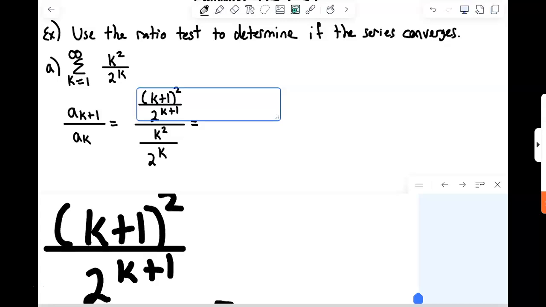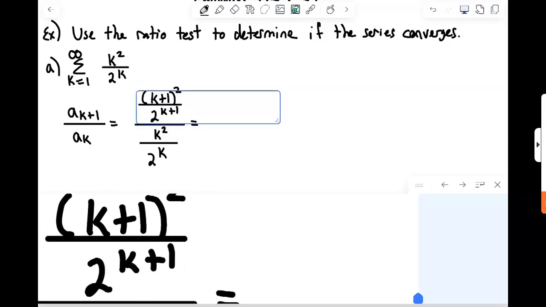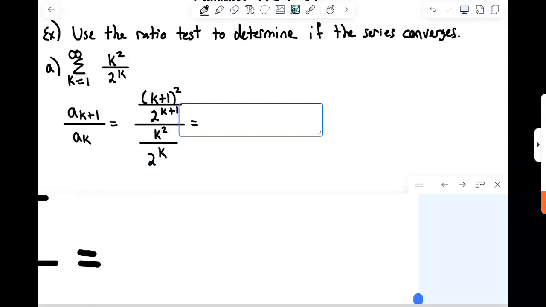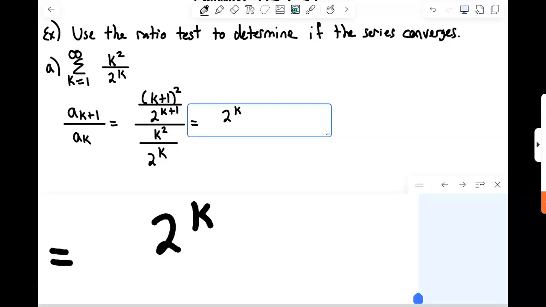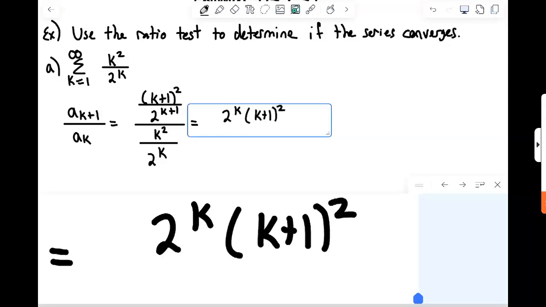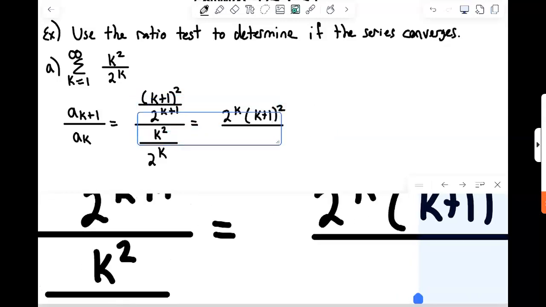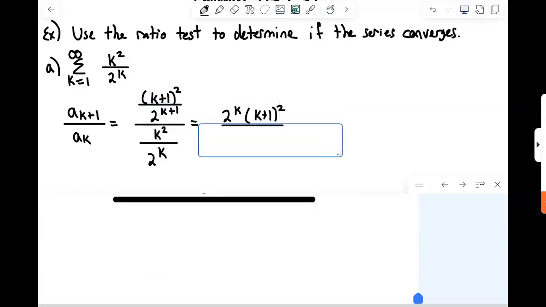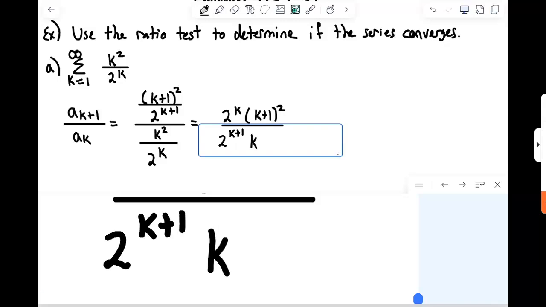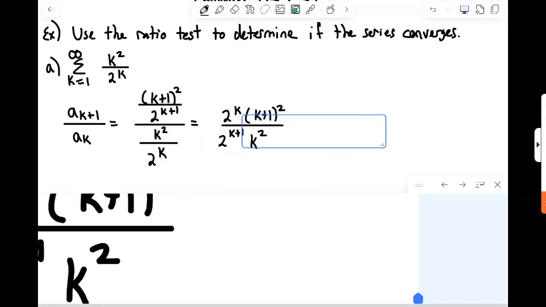So that would be the same as the numerator fraction times the reciprocal of the denominator. So what that's going to give me is a 2 to the k will come up top to join (k plus 1) squared. The k squared will join the 2 to the k plus 1 in the bottom. And then we want to simplify this.